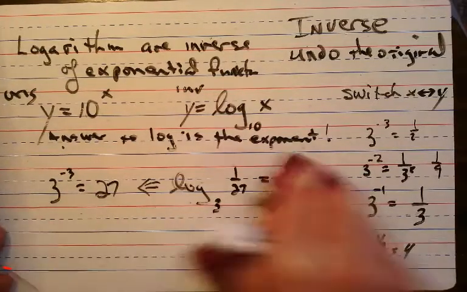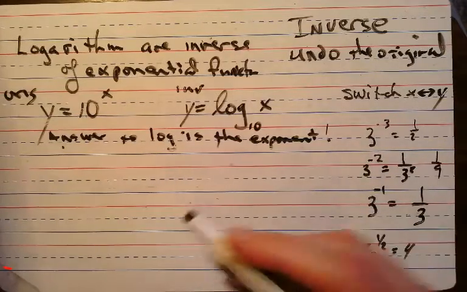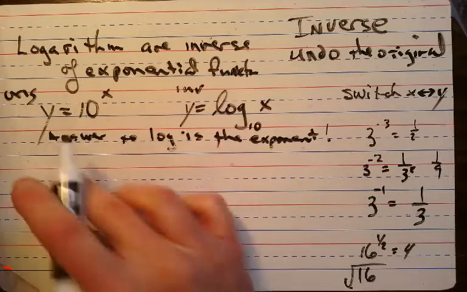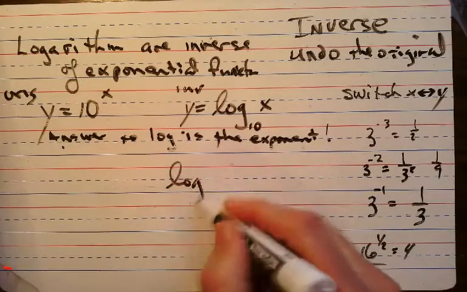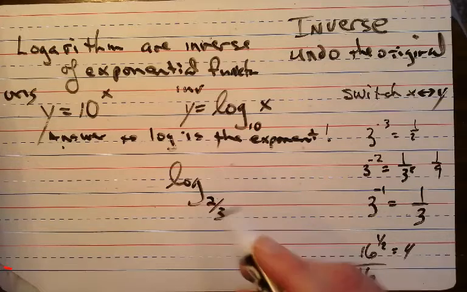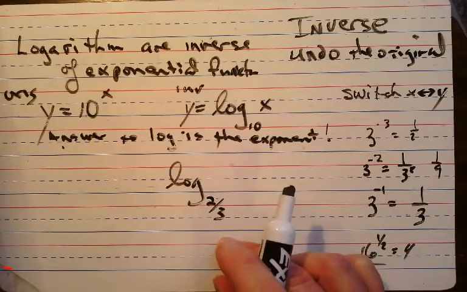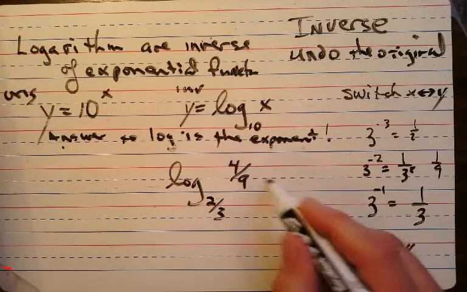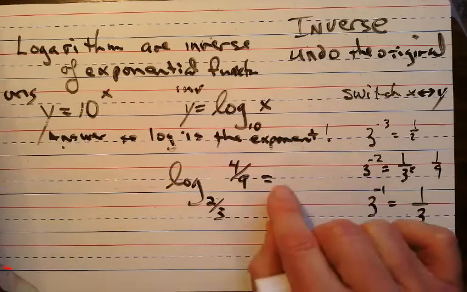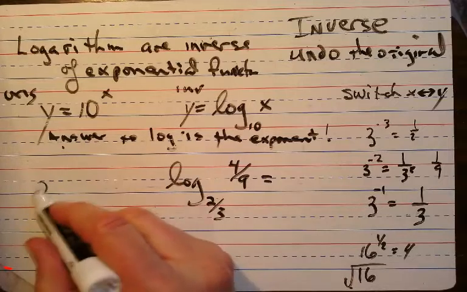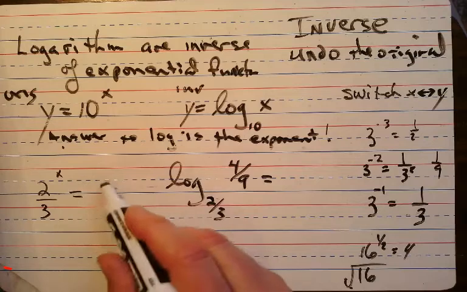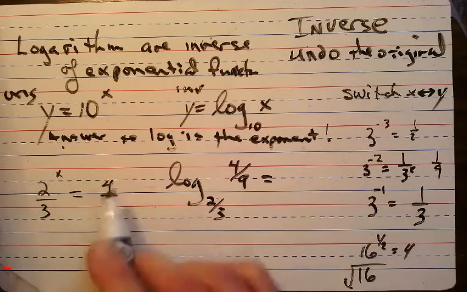Let's see, one more and then we'll be done. How about a real nasty one? Log base 2/3. Any number can be the base of a logarithm. You don't have to worry. And 4/9. So I'm asking you, what exponent can I put up here that will make this come out?